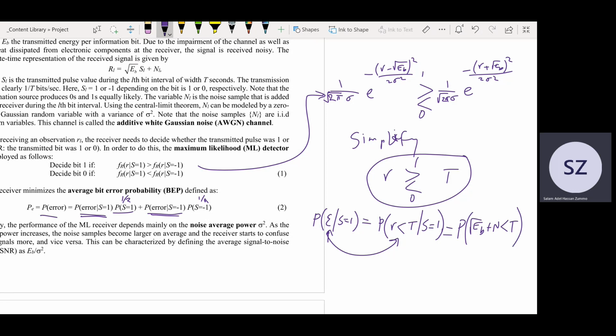Okay, I remove the condition. I use the condition. Now, what is this equal to? I keep the random variable on one side and everything else on the other side. Less than t minus square root of EB. I know the distribution of this. This is just theory.